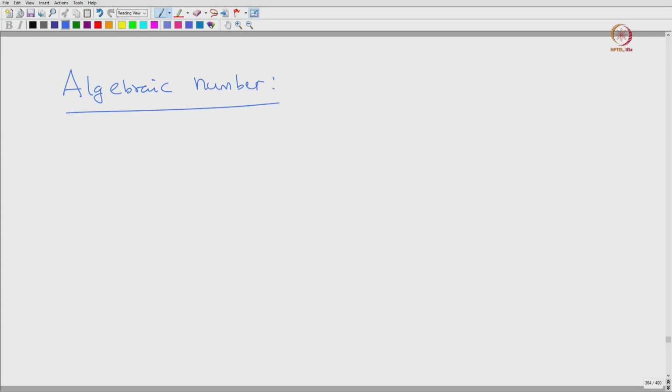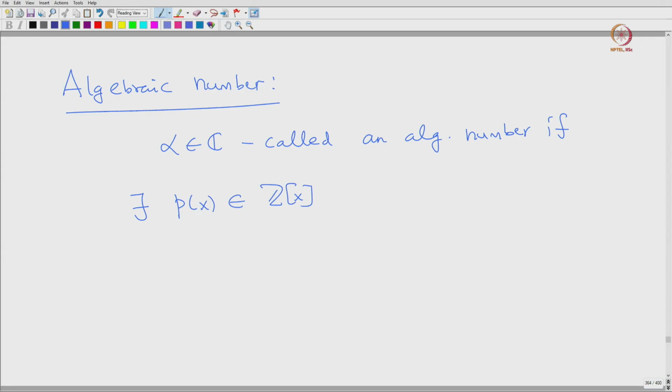A complex number alpha in C is called an algebraic number if there exists a polynomial p(x) with integral coefficients, in the polynomial ring whose coefficients are integers, such that p of alpha is 0.